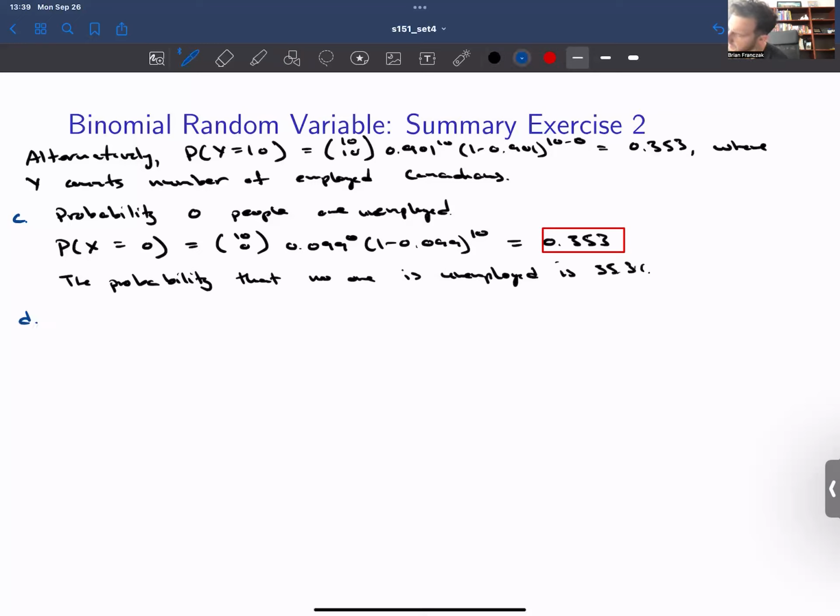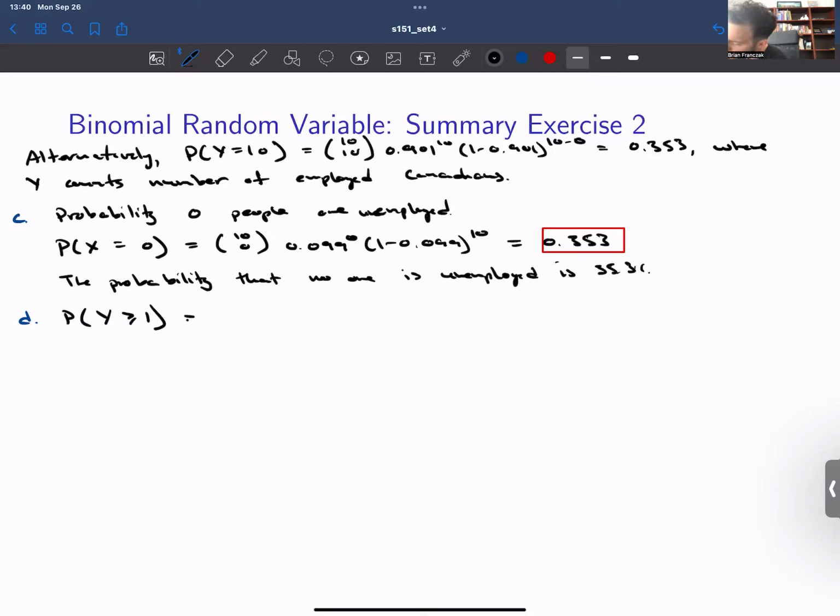In D, it says, what is the probability that at least one person is employed? In this situation, we want the probability at least one person is employed. So it would be easier to use Y, which counts the number of employed people, to set this problem up. So we have Y greater than or equal to 1.